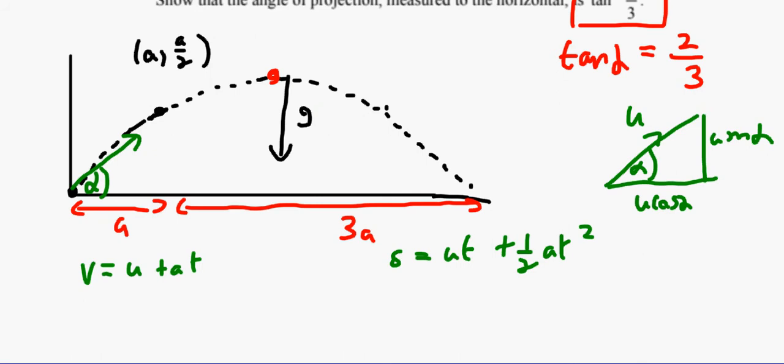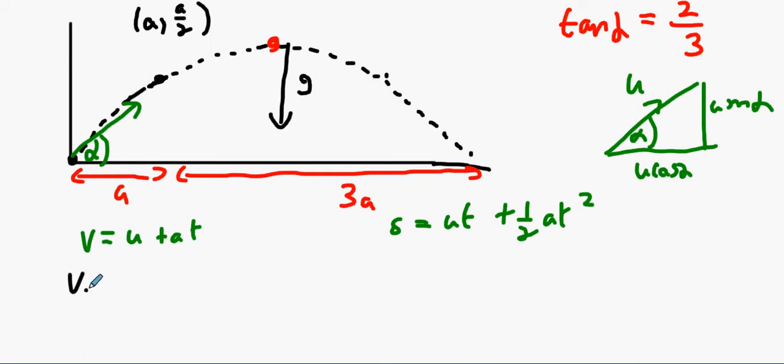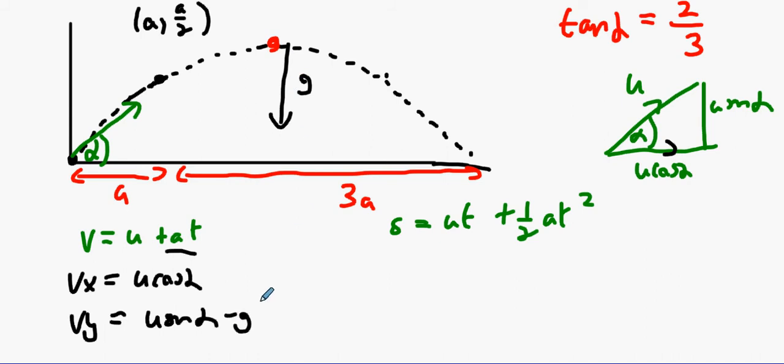So now we're going to go for Vx, which is u cos alpha, because that's the part of your velocity that's going to the right. No acceleration, because there's no gravity in that direction, so you're done. Vy is u sine alpha, but you have gravity pushing you downwards, so that's minus gt, because your acceleration in this case is minus gravity.